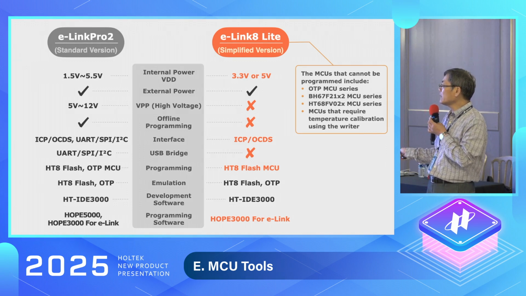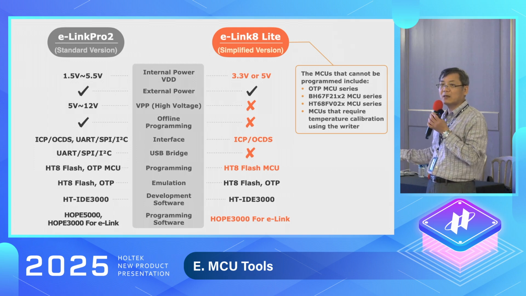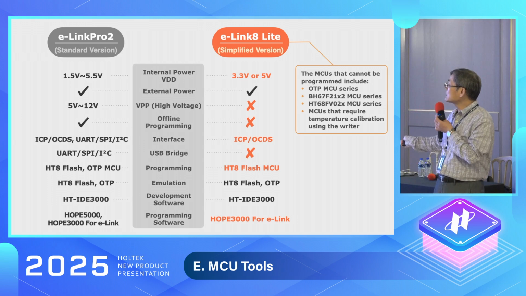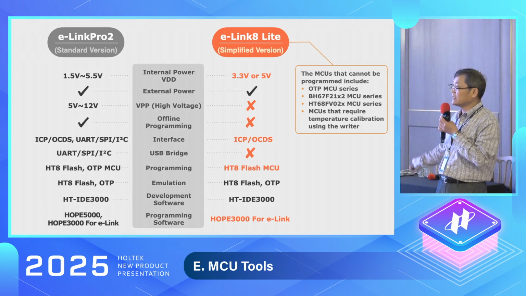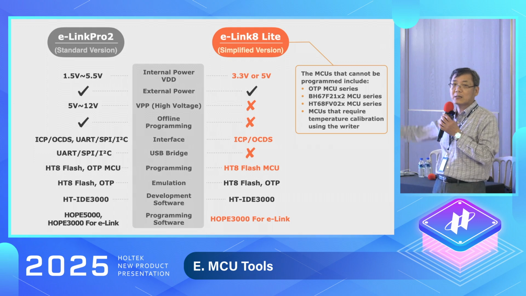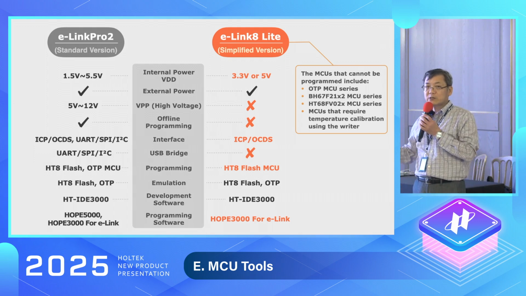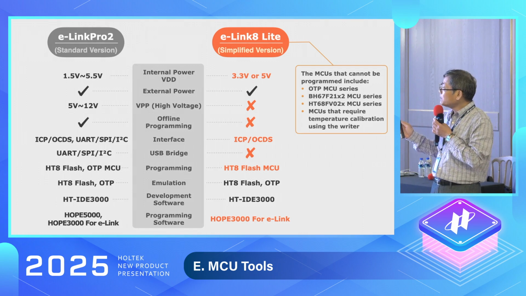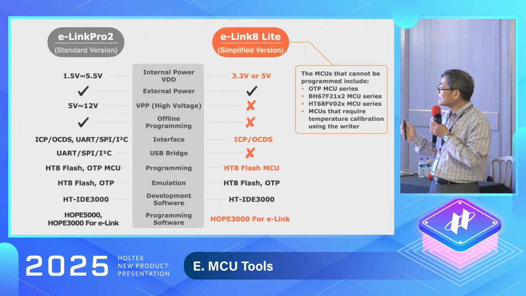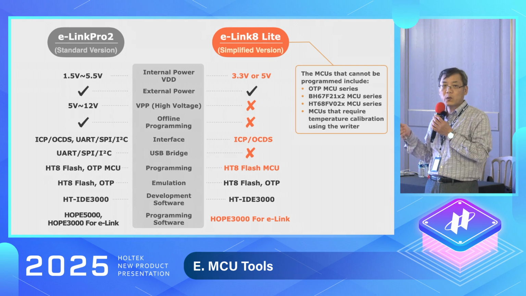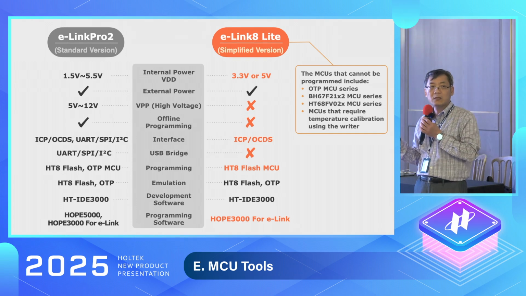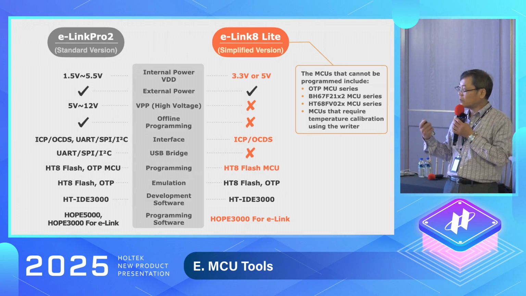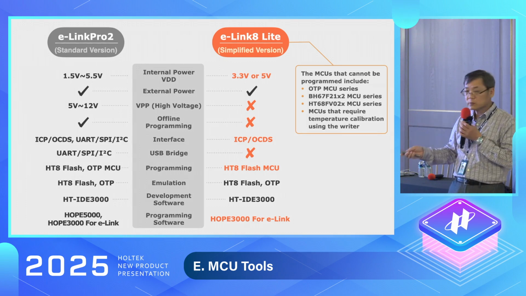When you do the programming, it programs 99% of Holtek's microcontrollers, except some certain devices that need temperature calibration. So emulation the same, programming almost the same. The only thing it doesn't do is program the OTP microcontroller. I know most of you don't use OTP. So if you don't use OTP, these two are almost identical.